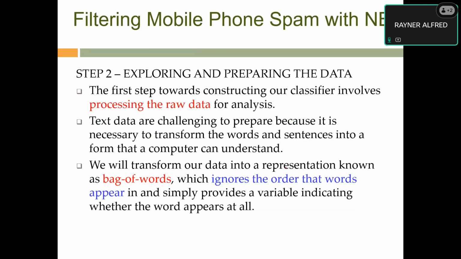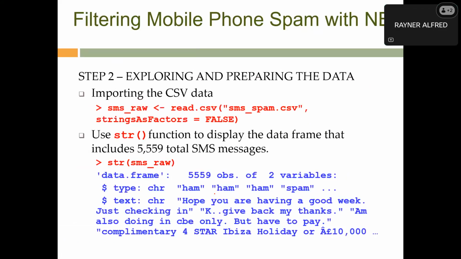The first step towards constructing our classifier involves processing the raw data. We need to tokenize all the words that we have, and then we are looking at a bag of words. If you remember, we have studied information retrieval, right? From the sentence we construct the TF-IDF, or bag of words frequency.